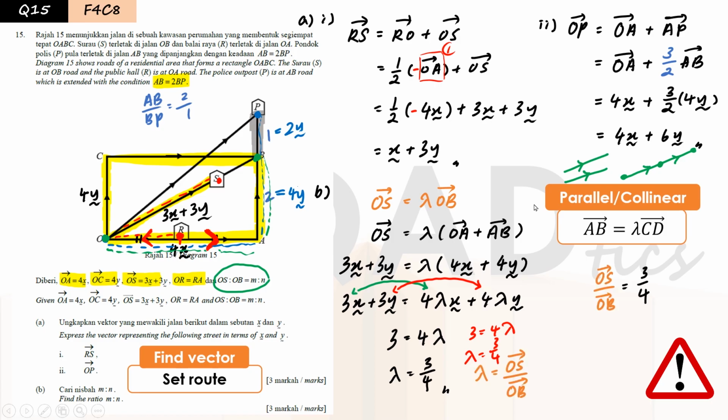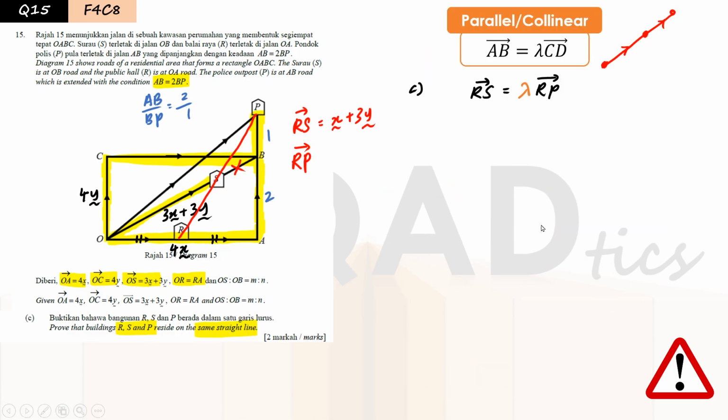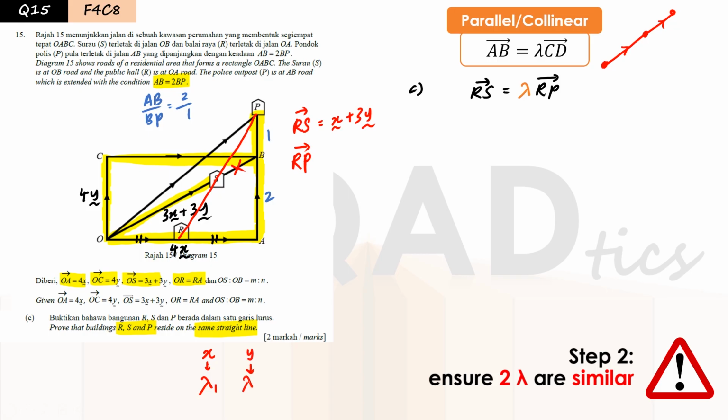So the result we should be expecting here is we find the value of lambda from x, and we find the lambda value from y. If both of them are the same, the vectors are parallel, meaning these three buildings are on the same straight line.